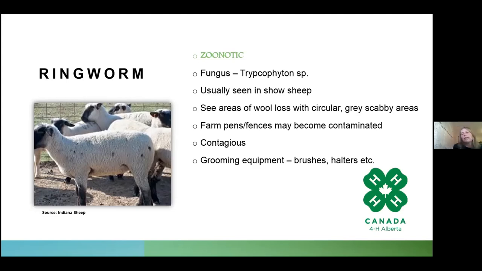Treatment, we usually let it run its course. For approved or licensed products for sheep, there is not anything. There are a few antiseptics, a few products that can speed it up, but in most situations, it's a disease we just let run its course.